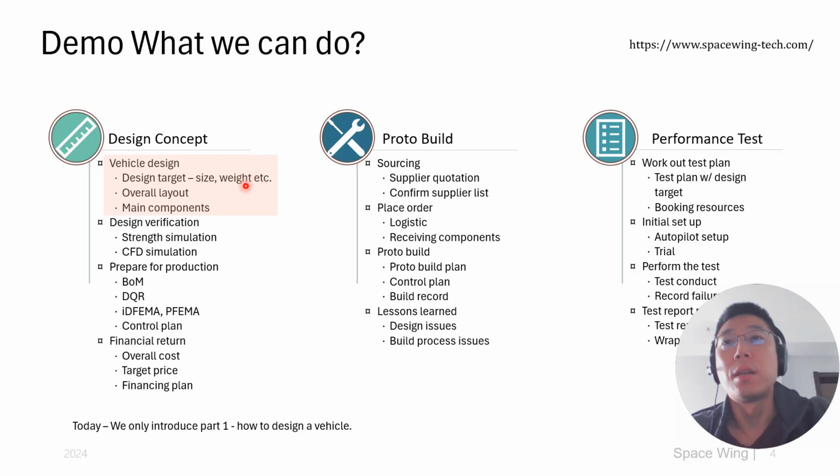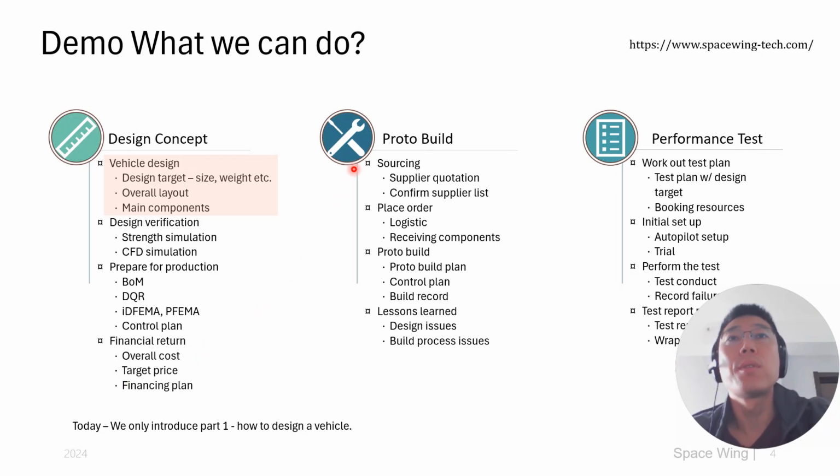So today we only introduce part 1, how to design a vehicle. In the following steps we will introduce design verification, such as strength simulation and CFD simulation, and preparing for production and financial returns.